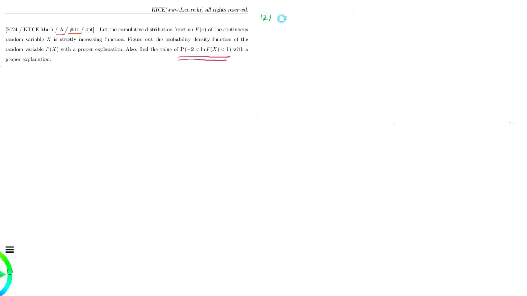The second point is to take a new random variable. I call it capital Z, which stands for capital F of capital X here.